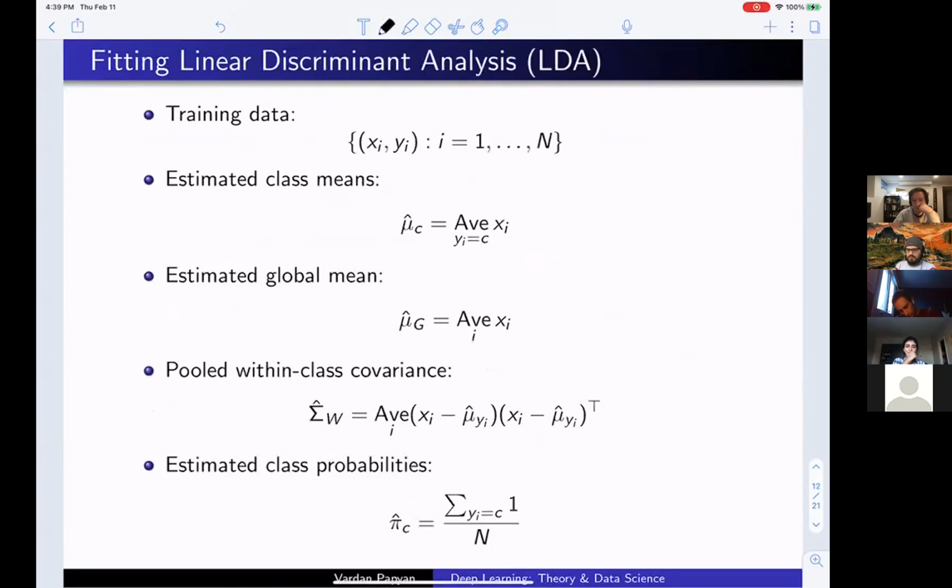Notice that in the linear discriminant case, you also have to estimate the class means and within class covariance empirically, because you don't have access to the population quantities. So you need to estimate empirically the class means, the global mean, the within class covariance, and so on.